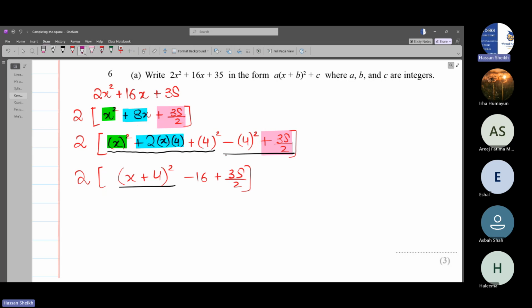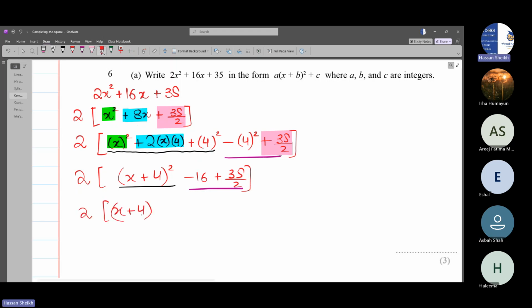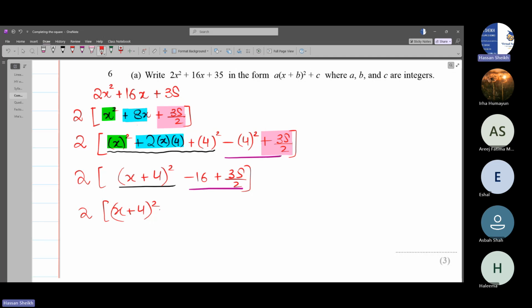And then this one is the purple one. Now you can use your calculator, because you are allowed to use a calculator. Minus 16 and plus 35 over 2 means 17.5.